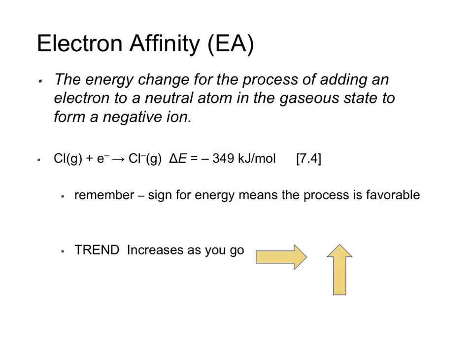The last periodic trend that we're going to look at is electron affinity. So if ionization energy is the energy that it takes in order to remove an electron, electron affinity is just the opposite. It's the energy change for the process of adding an electron to a neutral atom in order to form a negative ion.